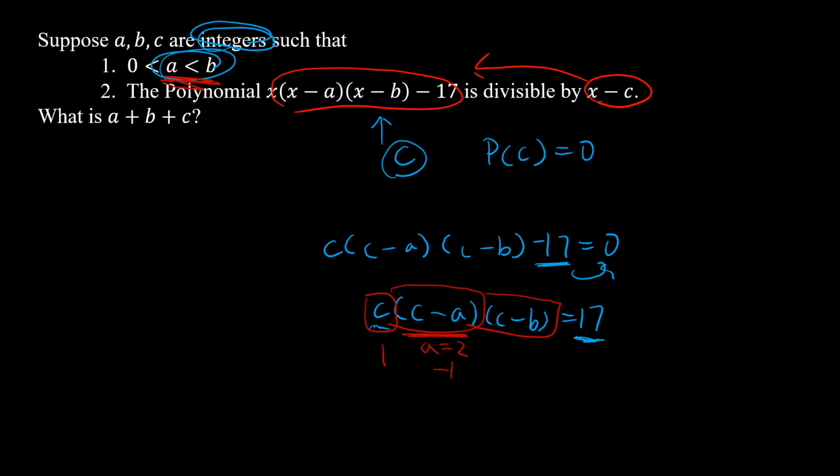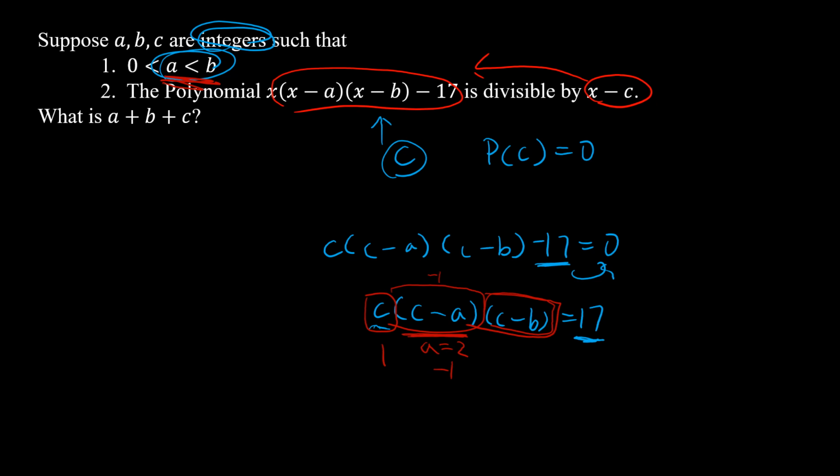But can this be negative 17? No, because if we pick negative 17, then this whole thing had to be negative 1, right? And when this whole thing is negative 1, b is smaller than a because the absolute value gets smaller.